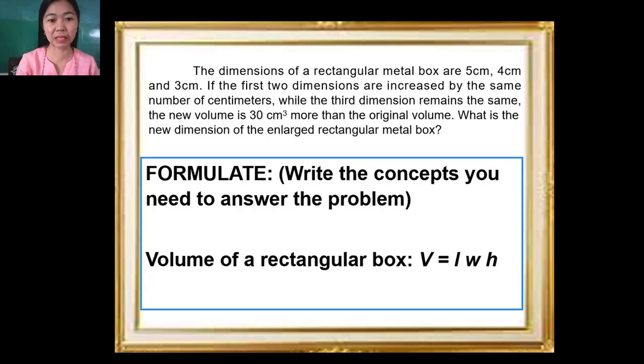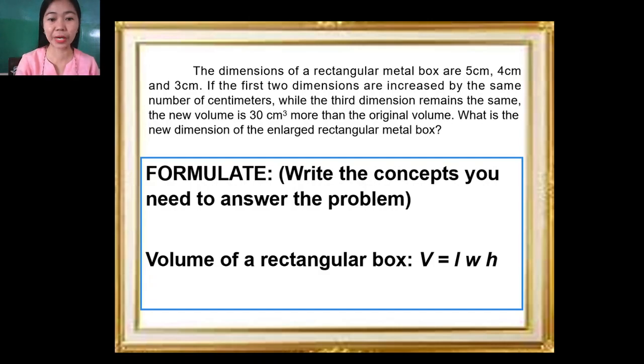So, with this kind of problem, wherein we are asked to find the new dimension of the enlarged rectangular metal box, the first step is formulate. So, what do we mean by formulate? In this step, we are going to write the concepts you need to answer the problem.